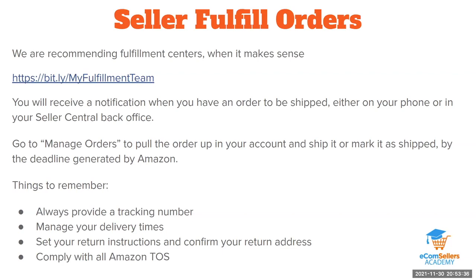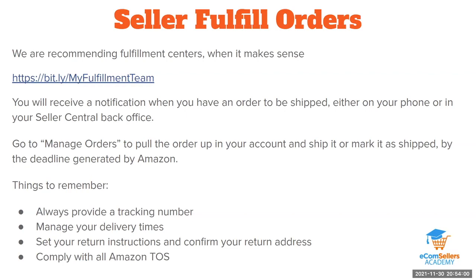Now, if you decide to use a fulfillment center, more than likely they're going to have some kind of integration. So you may not have to do anything, or depending on whether they have a really good integration, you may have to do one or two things just to double check. But when you are going into your manage orders, make sure you provide a tracking number and manage your delivery time.